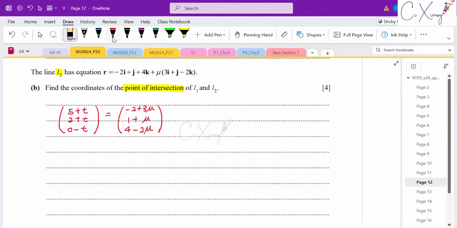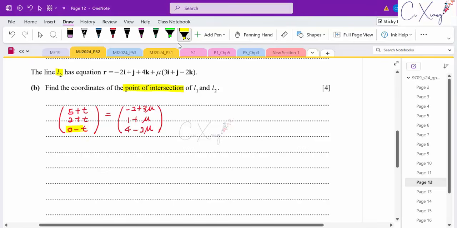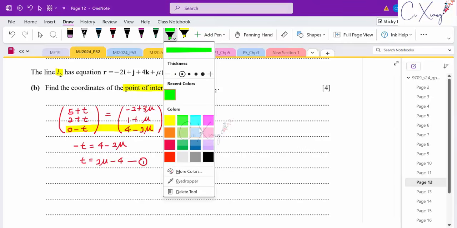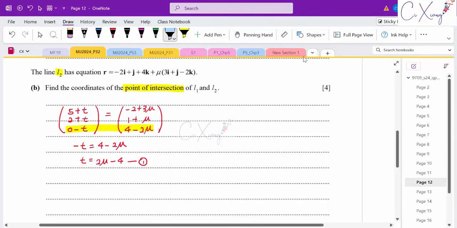For me, I'm using the third one first to form the first equation. So I have negative t equals 4 minus 2 mu, and then t equals 2 mu minus 4. This is my first equation. Then I want to use the other one as the second equation.